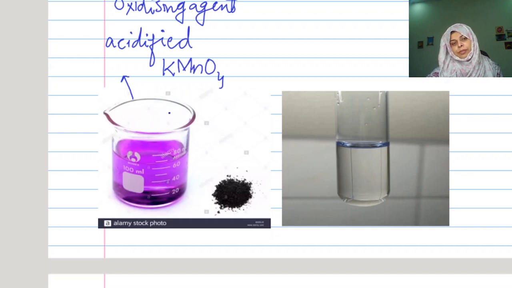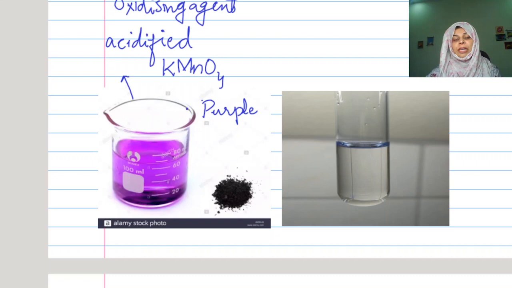If the purple color remains purple in this test tube, if there is no change in color, then we will say that there is no reducing agent.